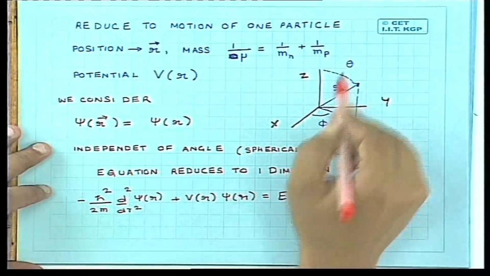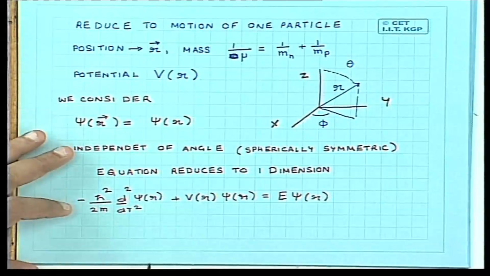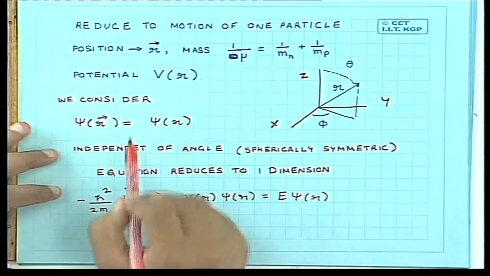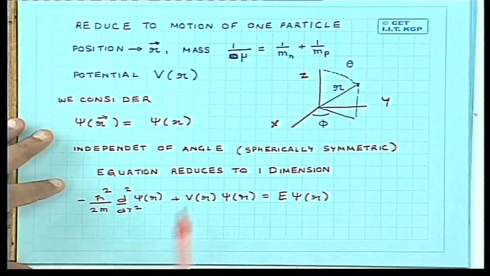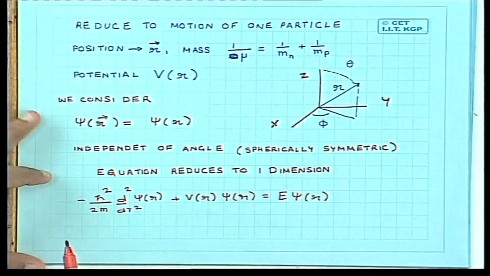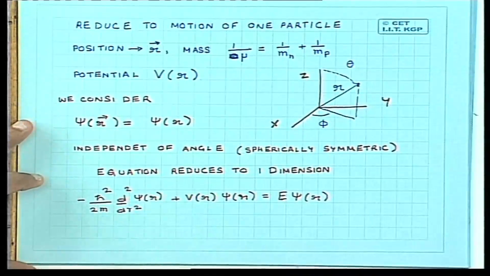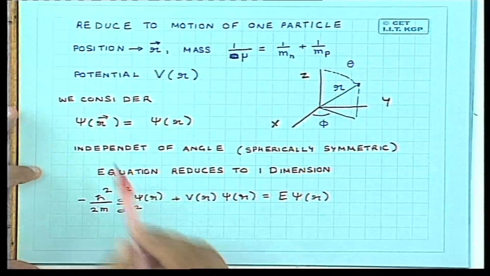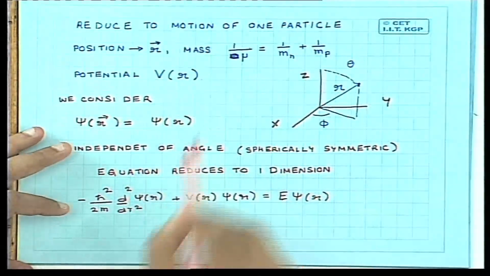We don't have to bother too much about theta and phi. We are going to restrict ourselves to solutions which don't depend on theta and phi. So we are looking for solutions of the wave function which don't have any angular dependence. These are the spherically symmetric solutions. So we want to find such spherically symmetric solutions for this particular case.